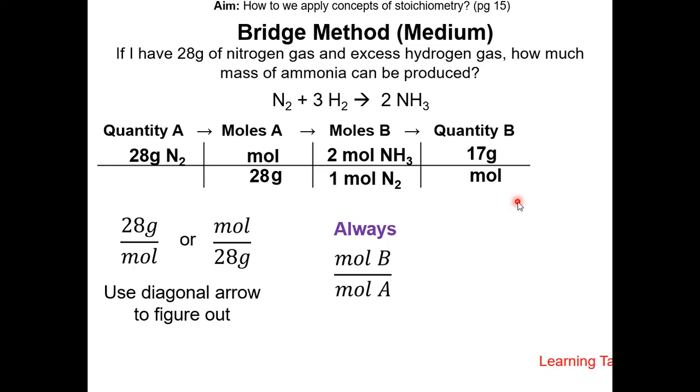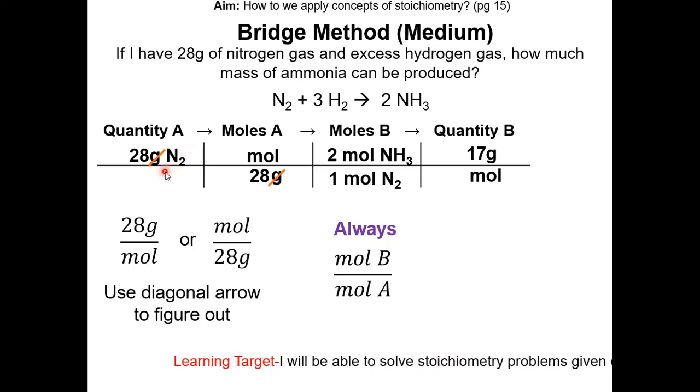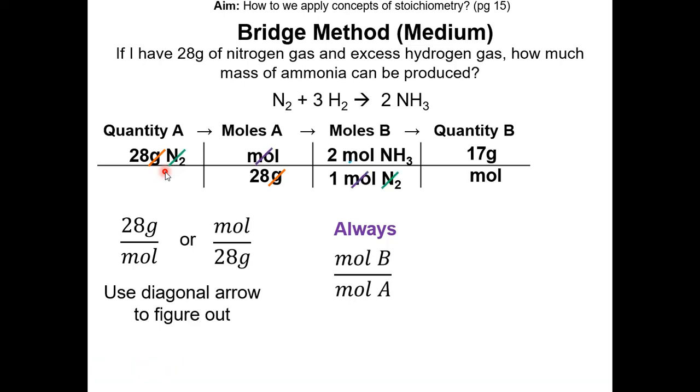This is how you can check if you set up the bridge correctly. For example, the grams will be canceled out, the N2 will be canceled out, the moles will be canceled out. So notice that the units left over are NH3 and grams, which is the unit that you want. So 28 times 1 over 28 times 2 times 17 is 34 grams of NH3.